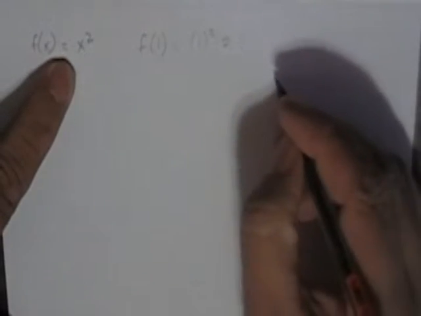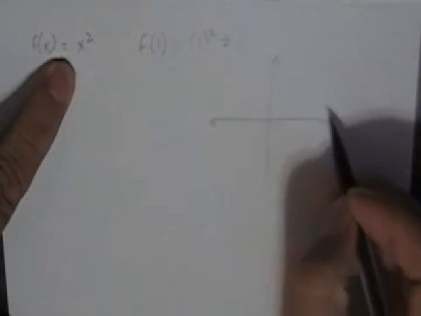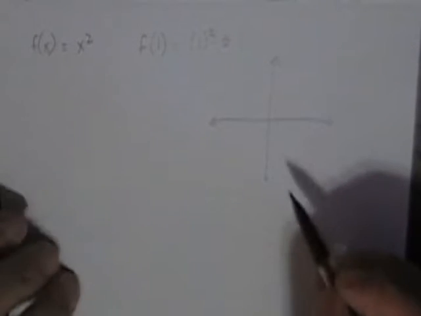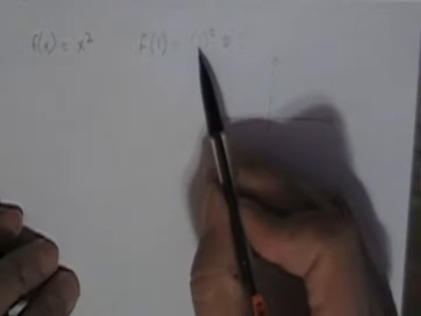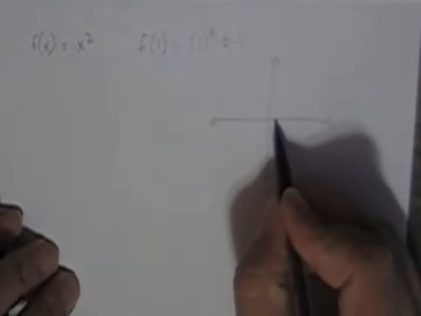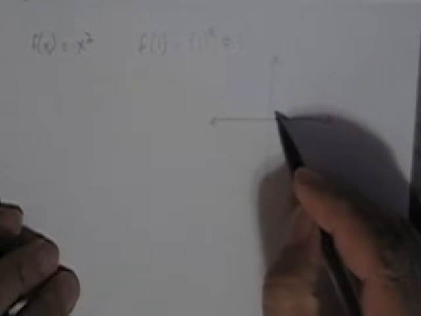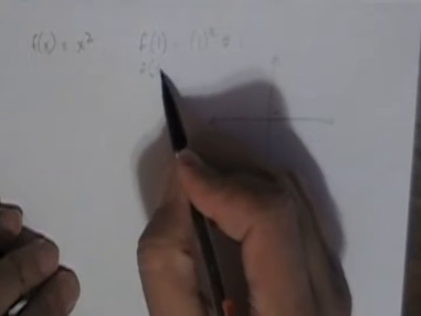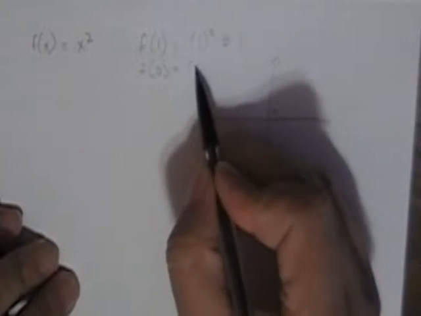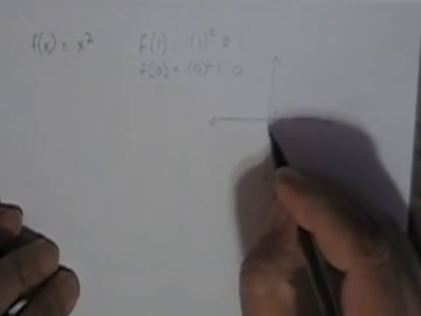If I graph this function, then if I plug in an x value of 1, which is right here, it returns a y value of 1, which is here. If we said f of 0, well, that's 0 squared equals 0.